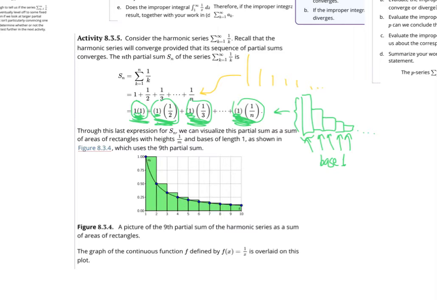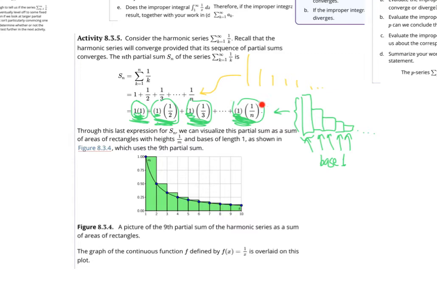Which means I can interpret the nth partial sum as a series of, I used the word series, I've got to be careful with that. Let me use a different word. I can think of the terms of this partial sum as a collection of rectangles, the areas of those rectangles added together, basically. So we have these green rectangles here, and the sum of the areas of these rectangles is equal to the partial sum.